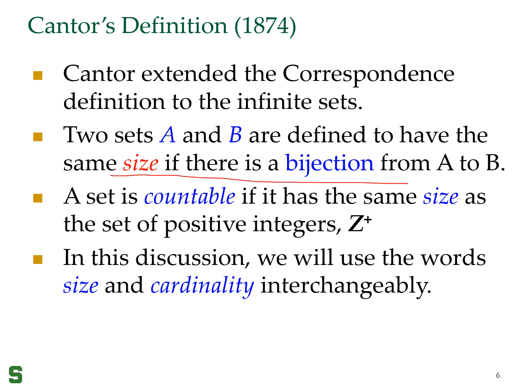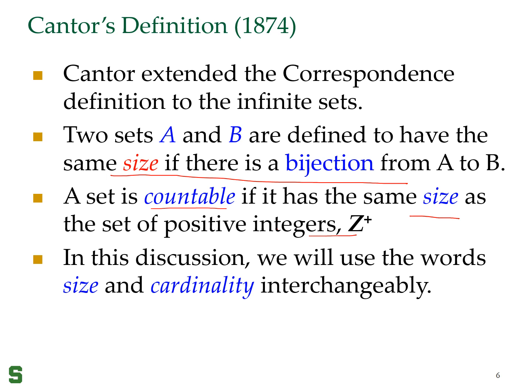Now we are going to be interested in one specific set, which is the set of positive integers to be precise. We are going to say that a set is countable if and only if its size or cardinality is the same as the positive integers. In other words, if there is a bijection from positive integers to that set, we are going to say that the set is countable.